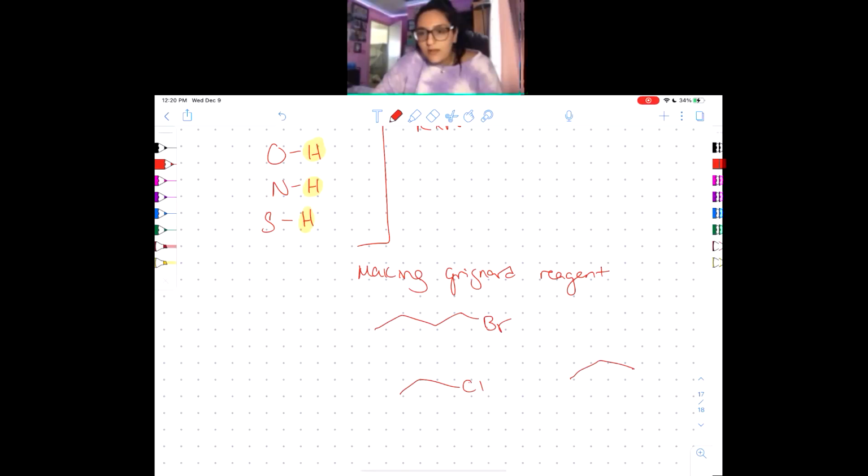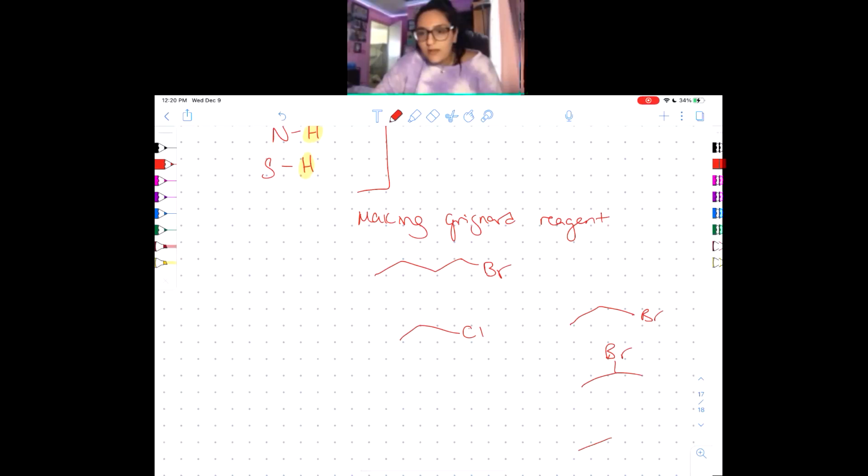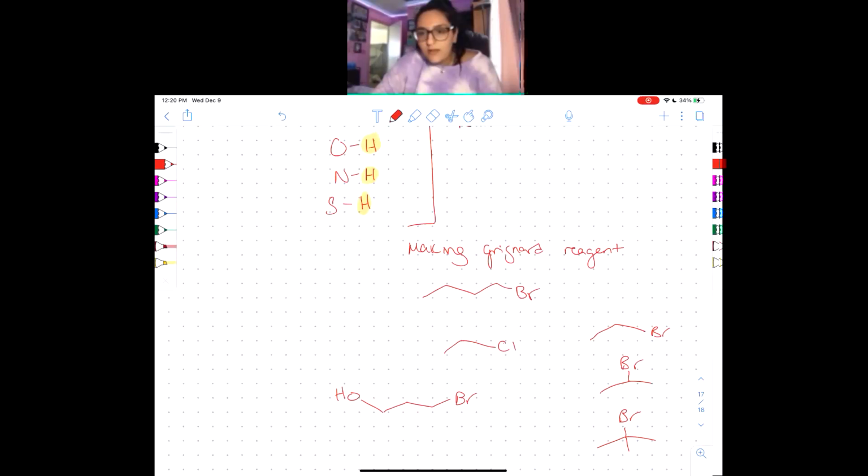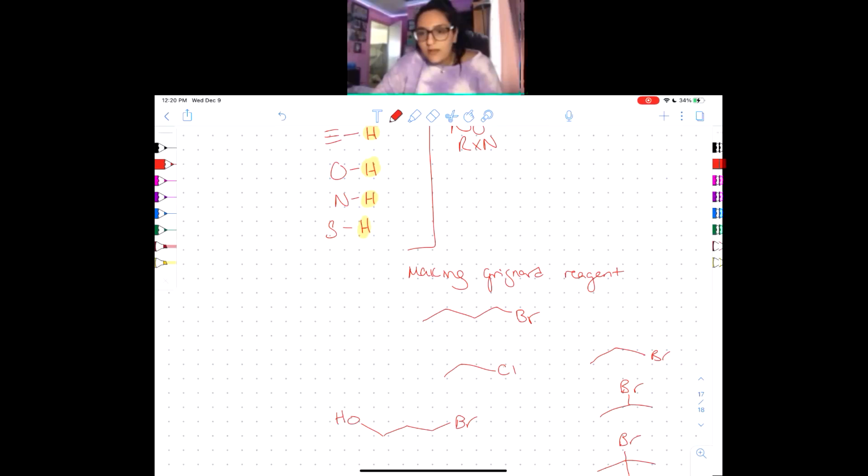So you would prefer this over this over this. They can all still happen. What couldn't happen is, let's say we had something like that. This cannot be turned into a Grignard reagent. Same is true if you have a double bond. Same is true if you have a triple bond, a carboxylic acid, an OH, an NH, or an SH.